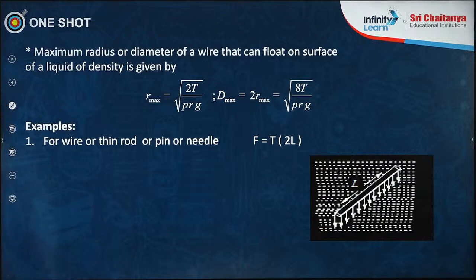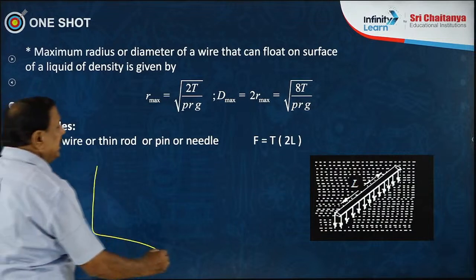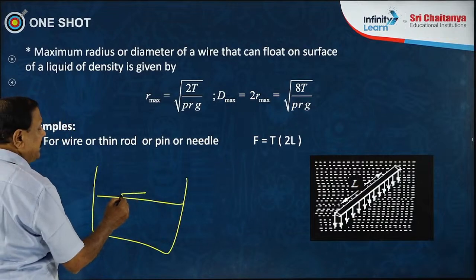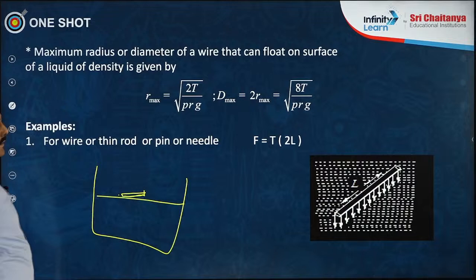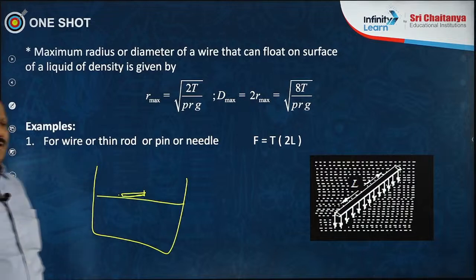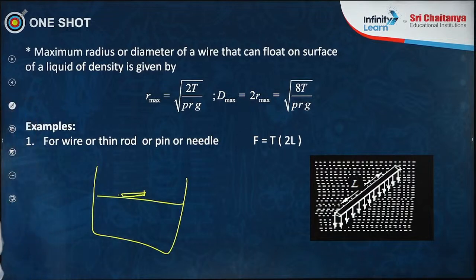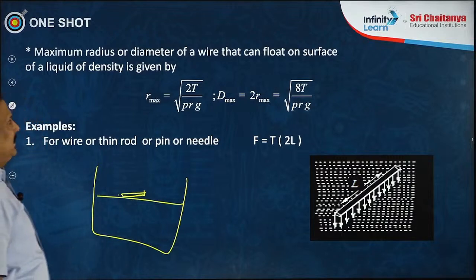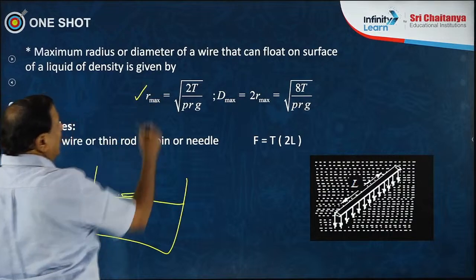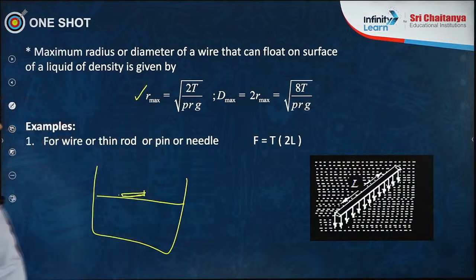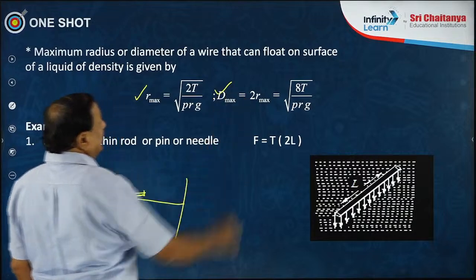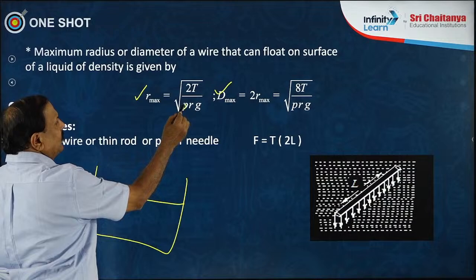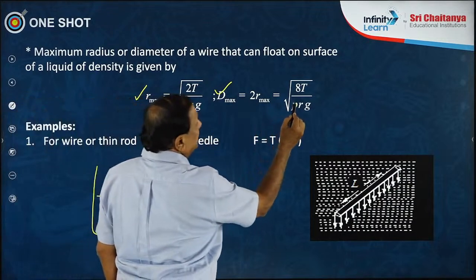Now, suppose there is a beaker containing a liquid, and on the surface of the liquid we put a wire. For that wire to float, the maximum radius, or the maximum diameter, that it can have is given by this, where this letter rho is the density of the liquid.